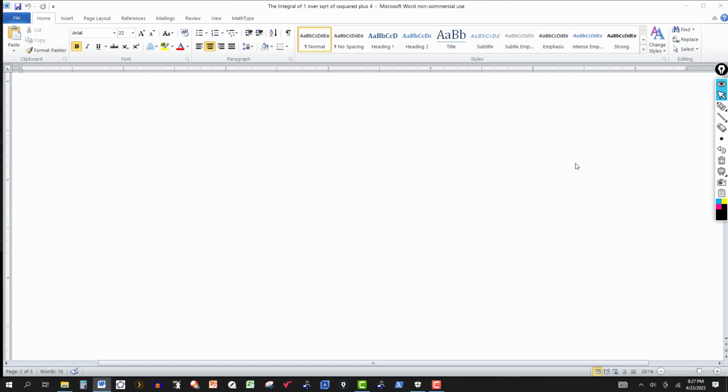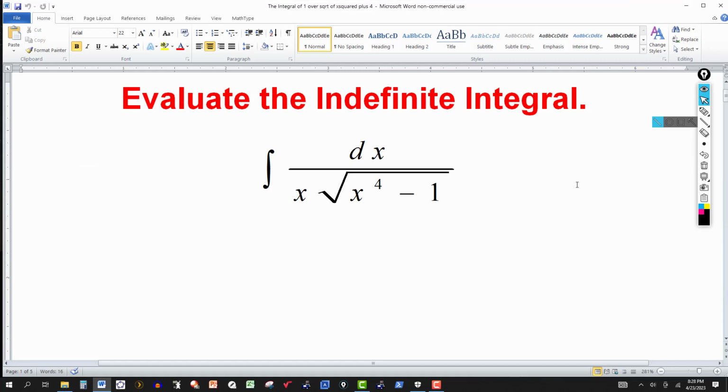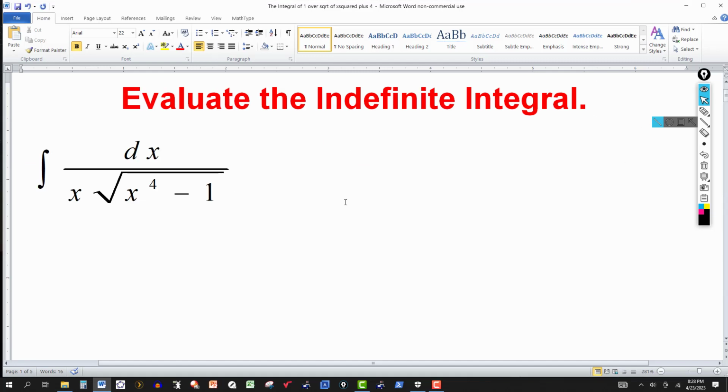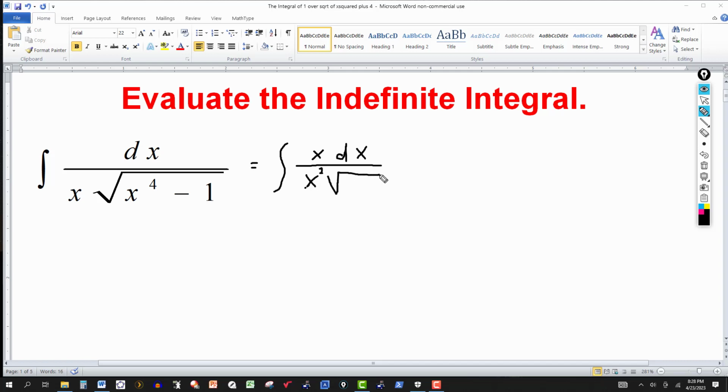So go back to the original. This one is not quite there. But let's multiply the numerator and denominator by x. Multiplying the numerator by x, I get an x dx, and multiplying the denominator by x also gives me an x squared, x times x, and then the square root of.